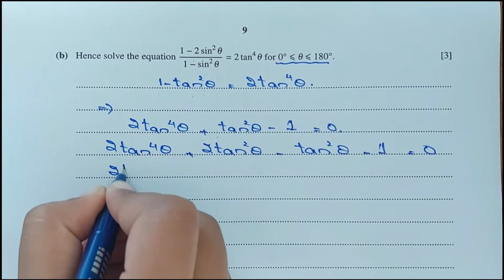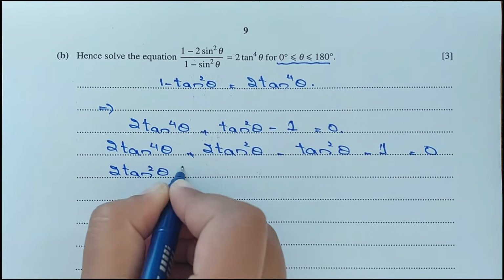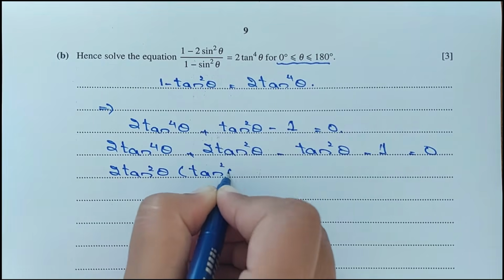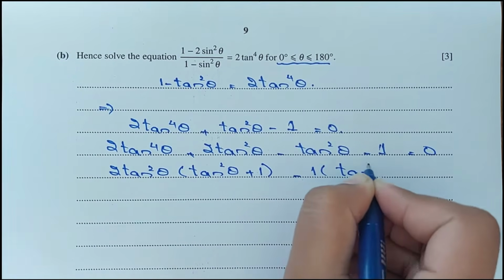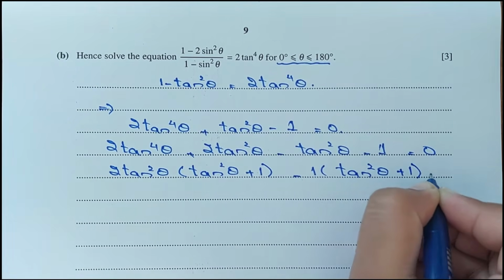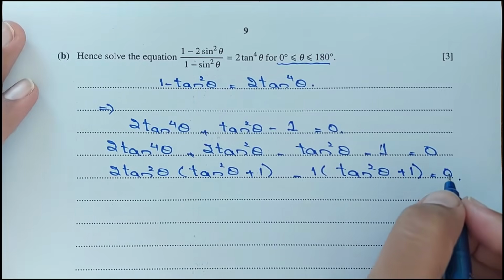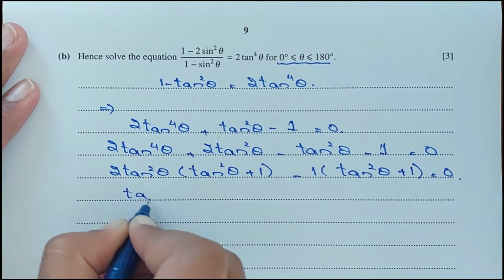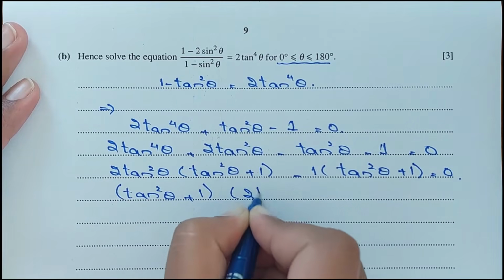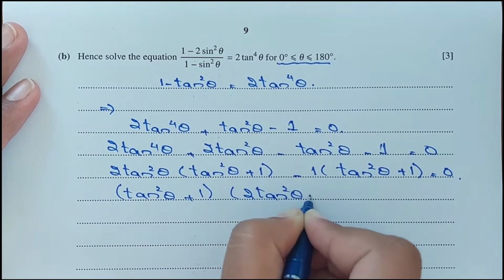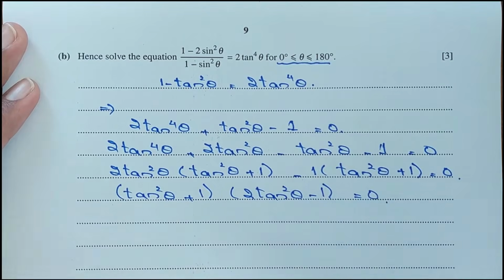Taking 2 tan square theta common, we are left with tan square theta plus 1. Taking minus 1 common, we are left with tan square theta plus 1, right? So the two factors are tan square theta plus 1 and 2 tan square theta minus 1. This would be equal to 0, right?